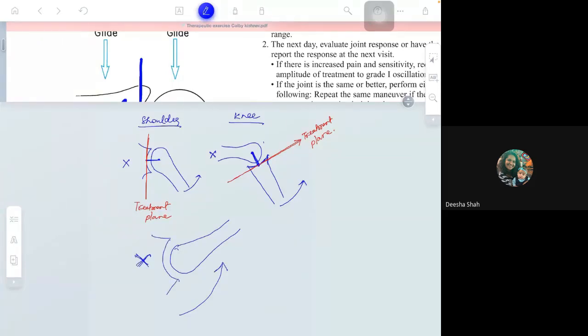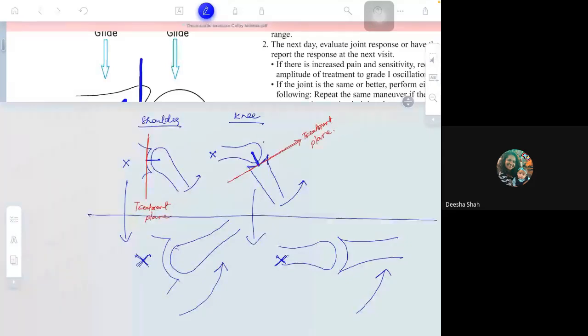And in the second diagram, the concave bone is moved because this is fixed. Clear? Now you see what happens to the treatment plane.